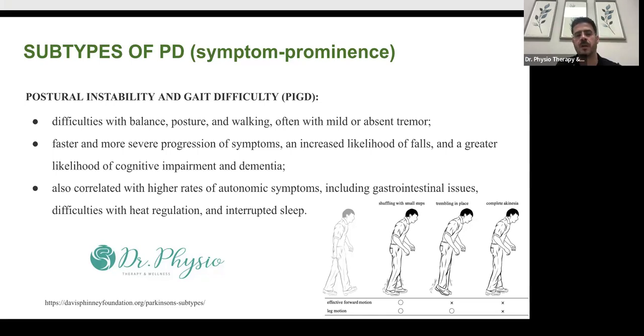And difficulties with heat regulation and interrupted sleep. Okay, so when the freezing and the shuffling are more prominent, versus the tremors and the bradykinesia, the prognosis for this one is a little bit more rough, okay, versus the other ones.